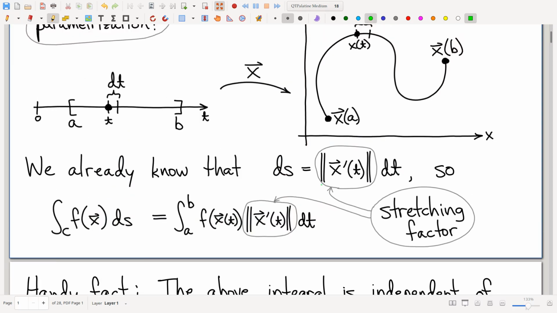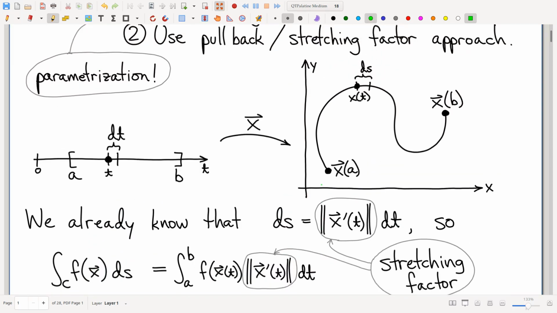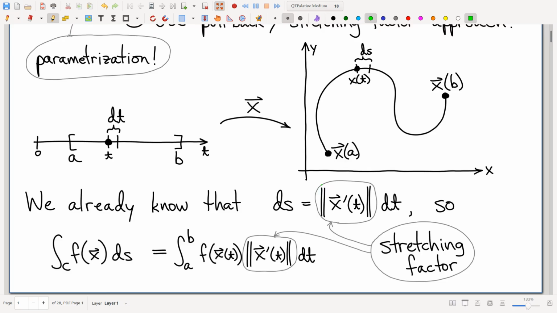There is a worrisome arbitrariness to what I did here. So we started with a curve, and I said, okay, let's parameterize it. And a reasonable complaint, when I say parameterize it, would be, which parameterization?